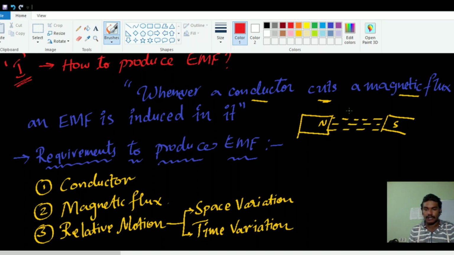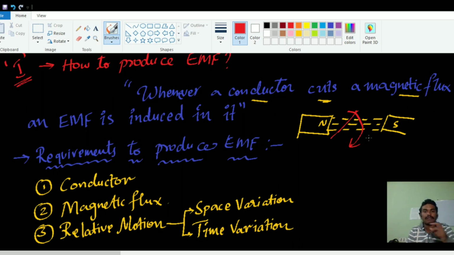Now I am placing a conductor, this red conductor, in this magnetic flux, and I will move it. When I physically move my conductor in space, the conductor is cutting the flux, as we say. But what is actually happening is that when the conductor is rotating in that magnetic flux, it occupies different positions in that field. Sometimes it is closer to the pole, sometimes it is away from the pole.